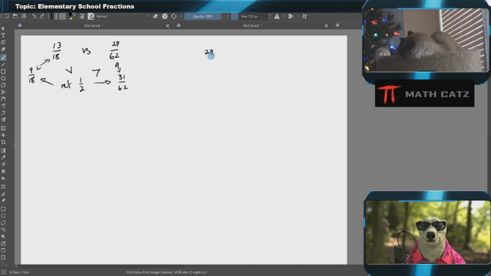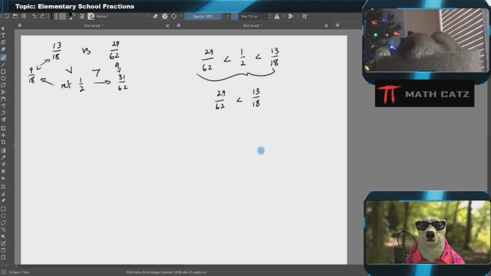So I've made the little chain here, I'll do it the other way around, from smaller to larger: 29/62 sits on the lower side of a half, but 13/18 sits on the higher side. And therefore I can compare these original two fractions by linking them to a familiar, easier fraction.